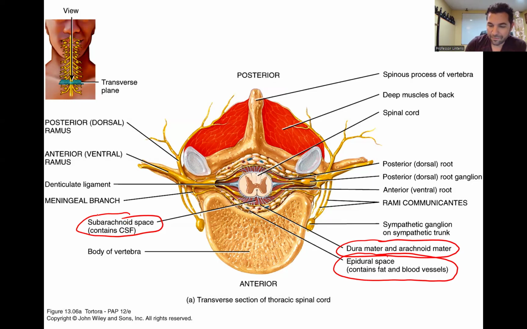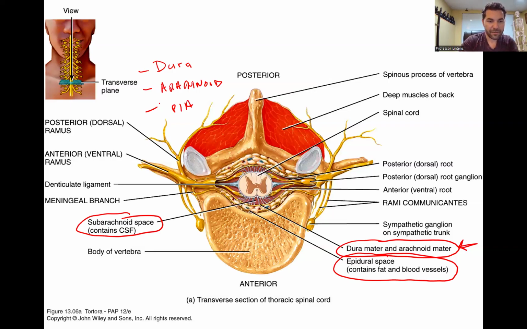So the way I remember it is, maybe I'll do it over here. Dura matter, arachnoid matter, and pia matter. These are the three layers, right? You can see dura matter and arachnoid matter here, and I'll show you kind of the difference. And inside and outside of these layers, or meninges, we have spaces.